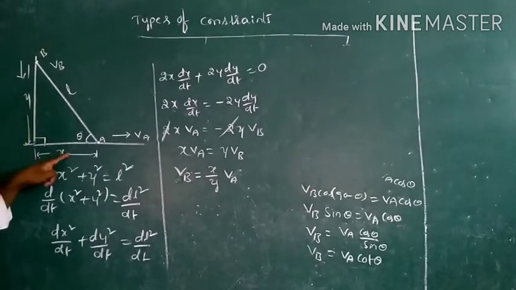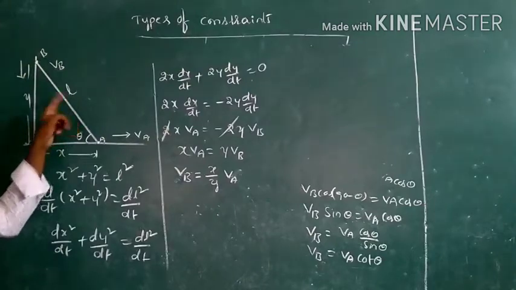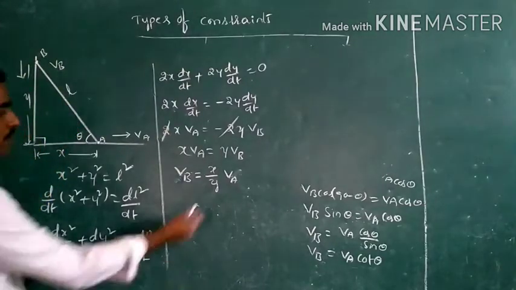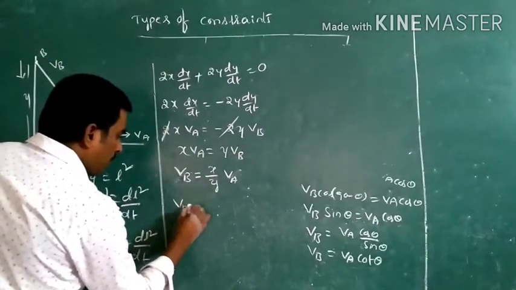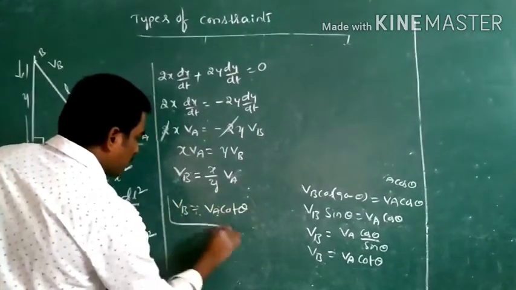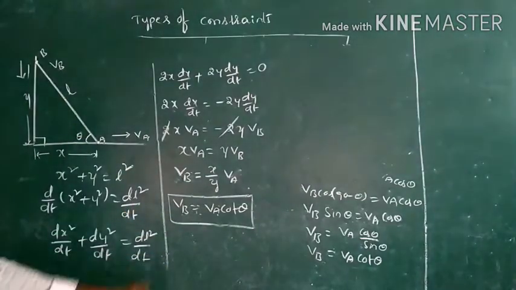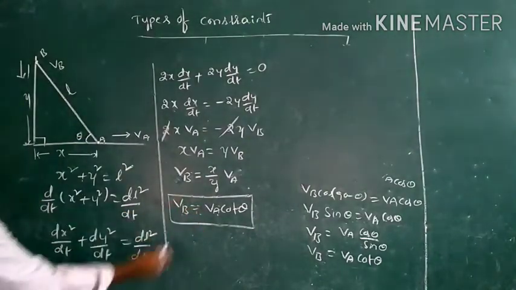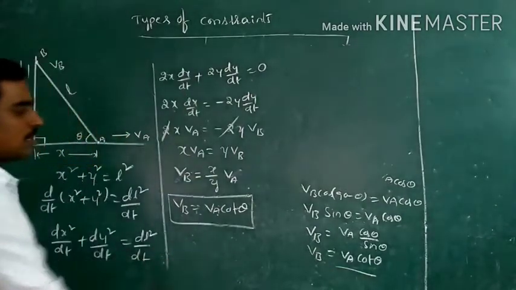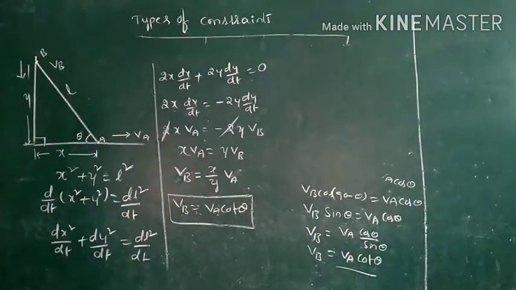Opposite side by adjacent side is tan theta, opposite side by hypotenuse is sin theta, adjacent side by hypotenuse is cos theta. So VB equals VA cot theta. See here, this is also one of the ways to calculate the relation between VB and VA, the same as the previous result. This is one of the methods to calculate.